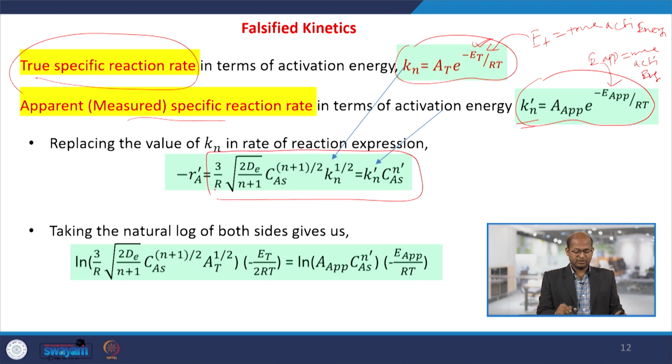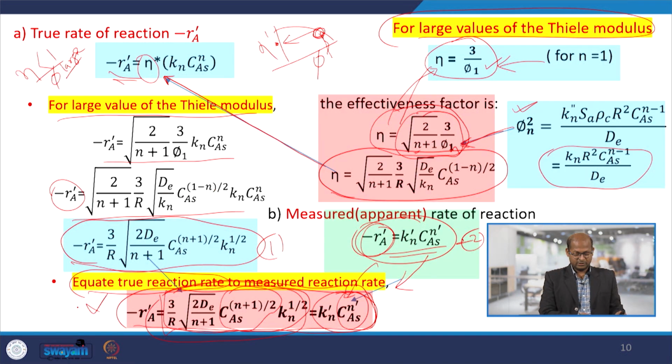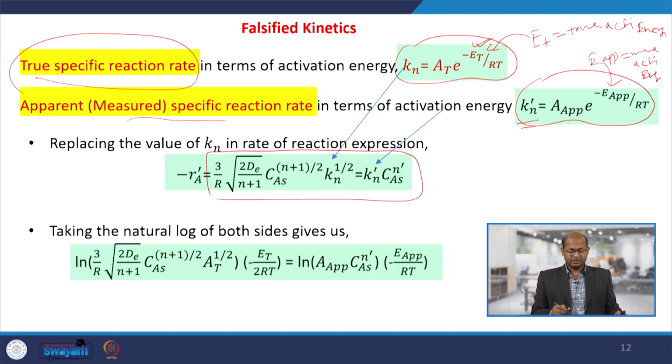Now Kn and Kn prime, both are substituted in the equations we have derived, where Kn and Kn prime appear. After that, if we simplify and take the log on the left hand side and right hand side, you can see the activation energy terms can be taken out.